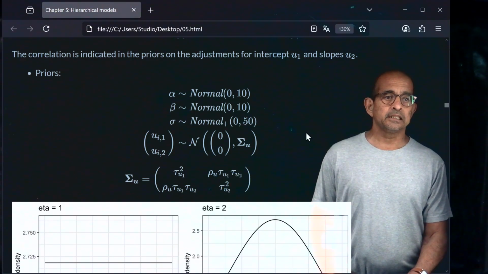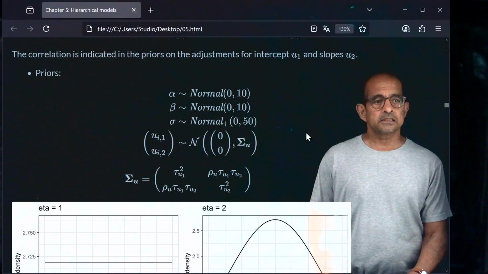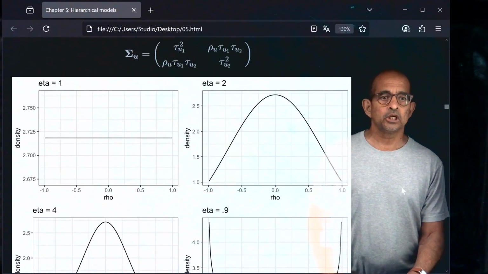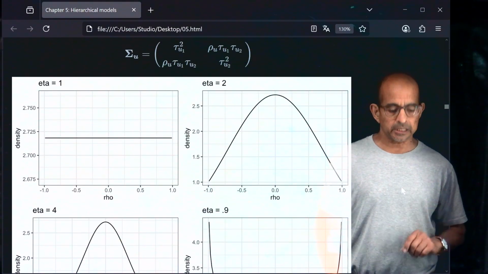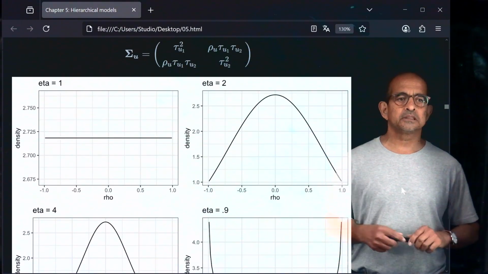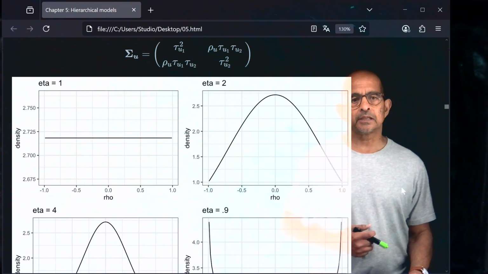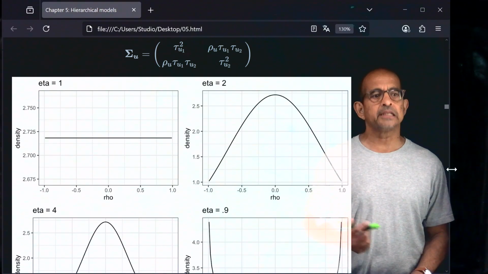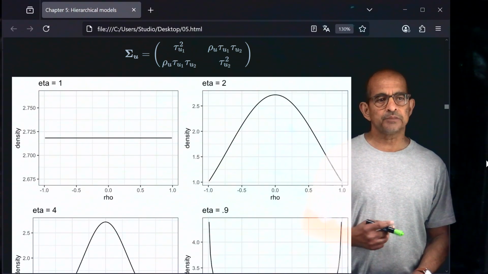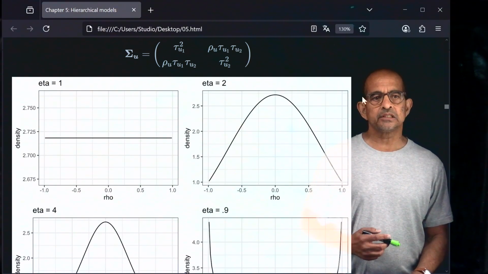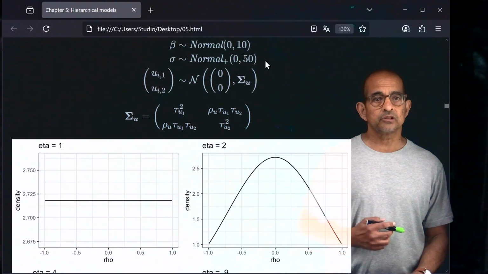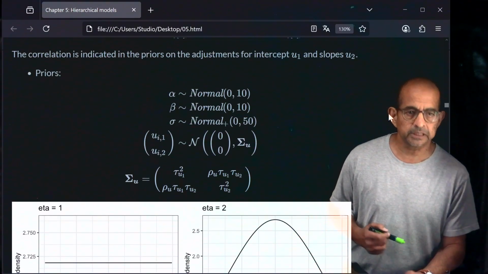Now, in Stan, there is a probability density function called the LKJ prior, which takes one parameter, the eta parameter, which provides us with a very convenient prior distribution for correlations. So the LKJ prior is defined on the correlation matrix.